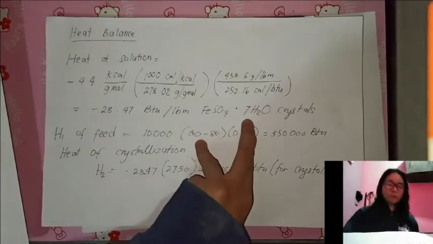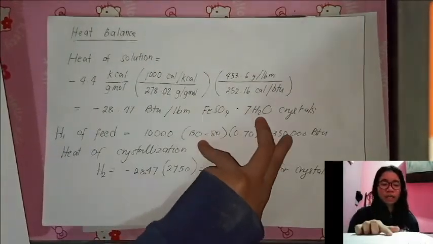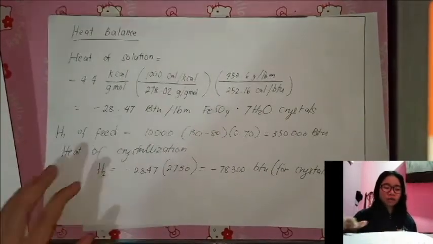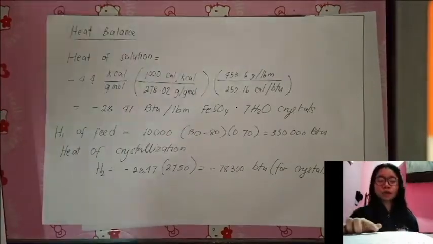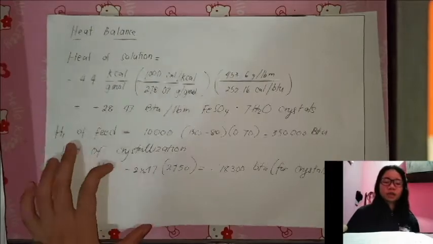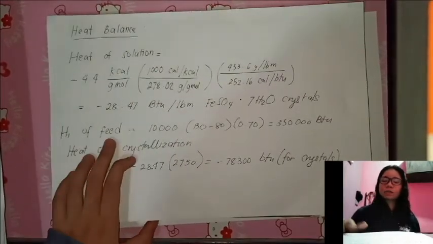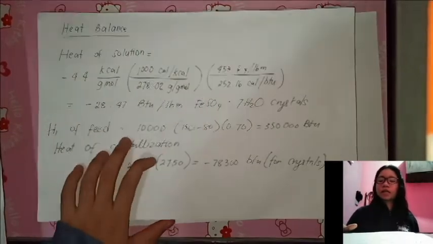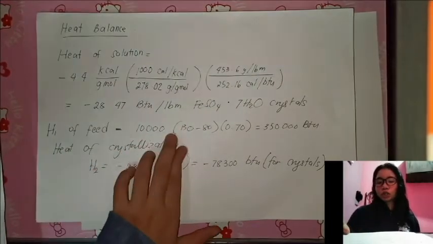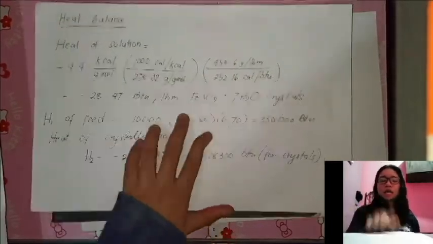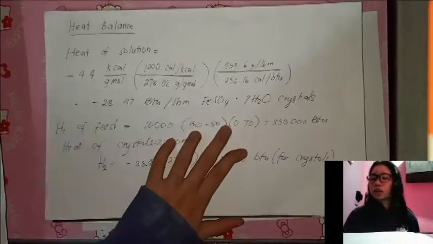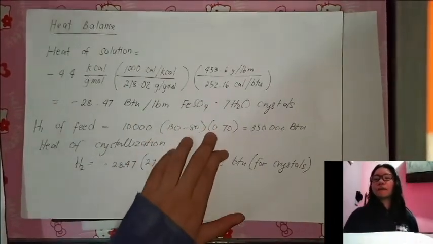So the enthalpy H1 of the entering solution at the initial temperature, H1 of feed, is 10,000 times 130 minus 80, which is the temperature difference, times the heat capacity, equals 350,000 BTU.